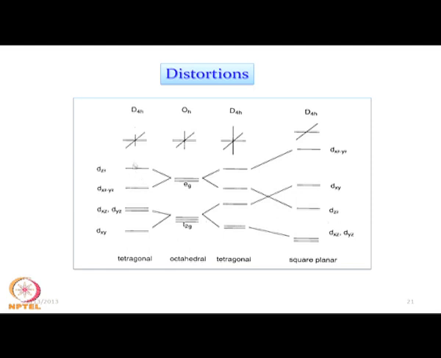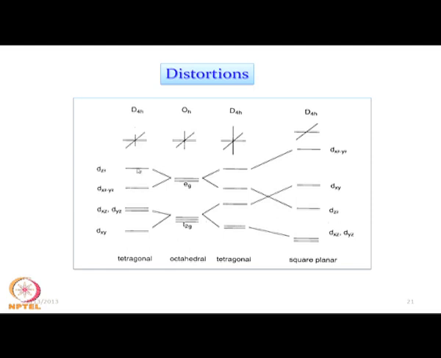that which is the compressed one means we have a short metal ligand distance, we have the ligands, and the situation is completely different compared to our square planar situation. In the square planar situation we do not have any ligand in the z direction, but here the interaction is more in the z direction and we have a short metal ligand distance in the z direction.